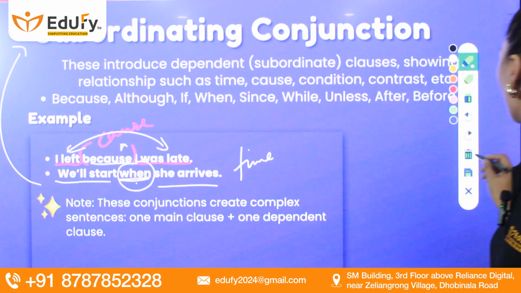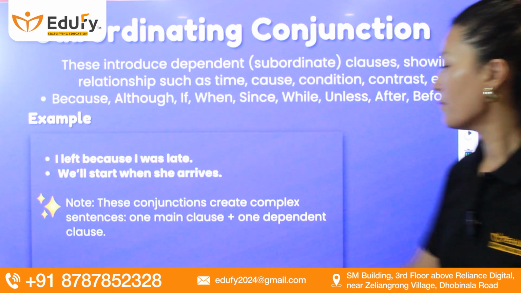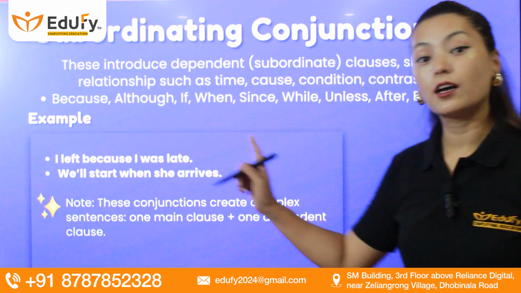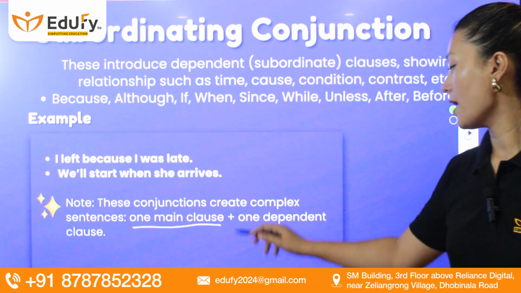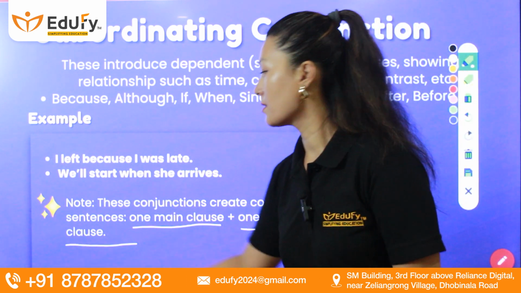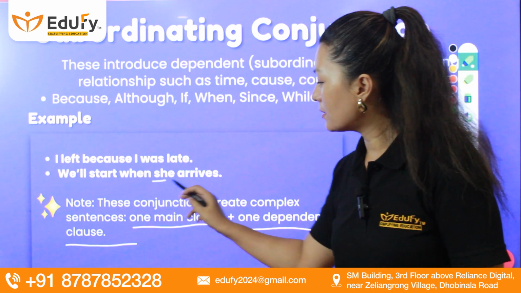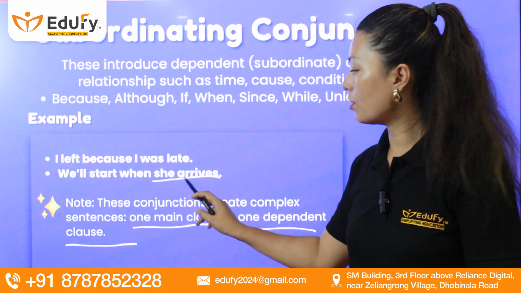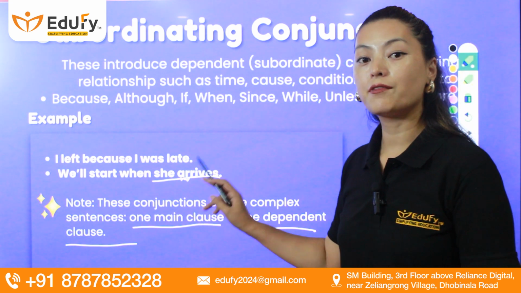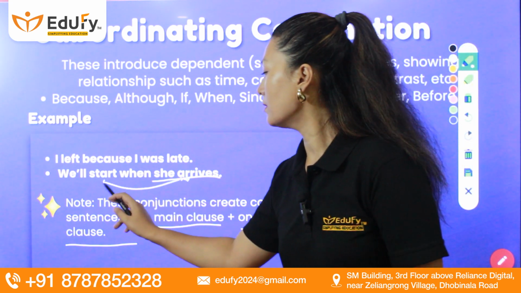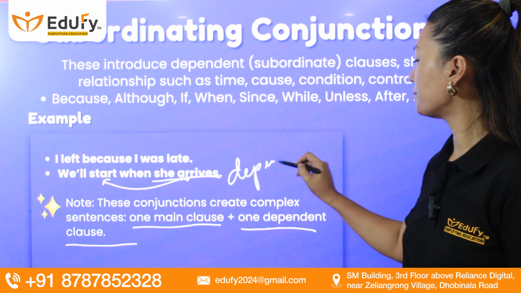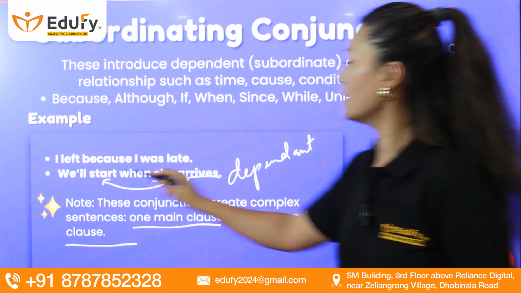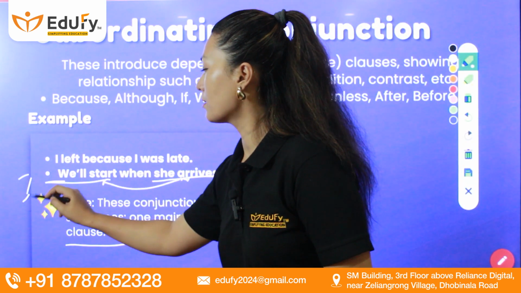If you take a look, one very important thing is that these conjunctions create complex sentences. We have one main clause and one dependent clause. That means this part of the sentence will not have any complete meaning without the first part, right? So this is a dependent clause and this is an independent clause.